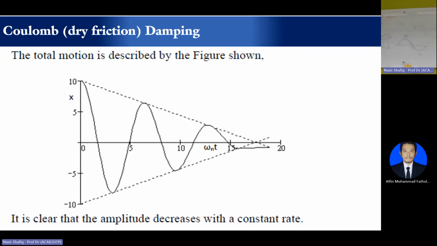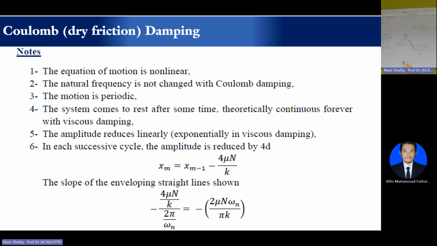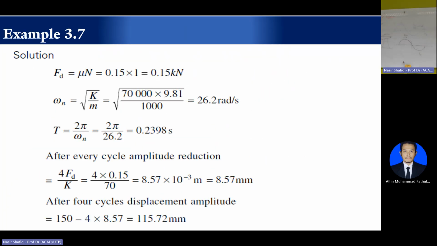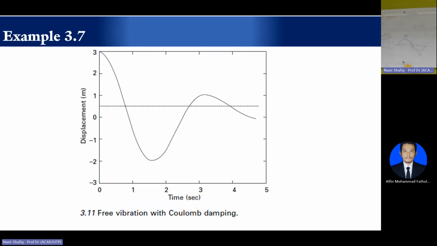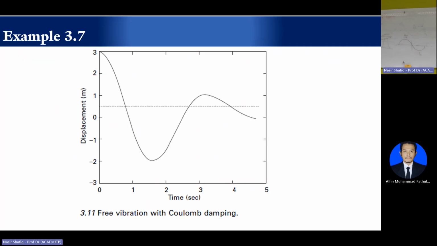So this is the rate of decrement from here to here, 8.57 times 4, right? So you can draw the displacement.